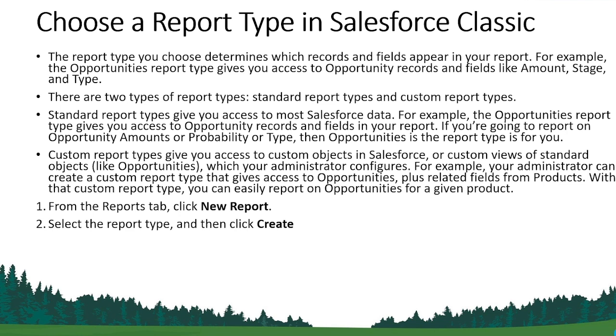The administrator can also give access to the values, the objects, the fields. With the help of the custom report type, you can easily report on opportunities for a given product. So from the report type, we are just clicking on new report. Then in the new report, we are selecting the report type and then creating the report by clicking create.